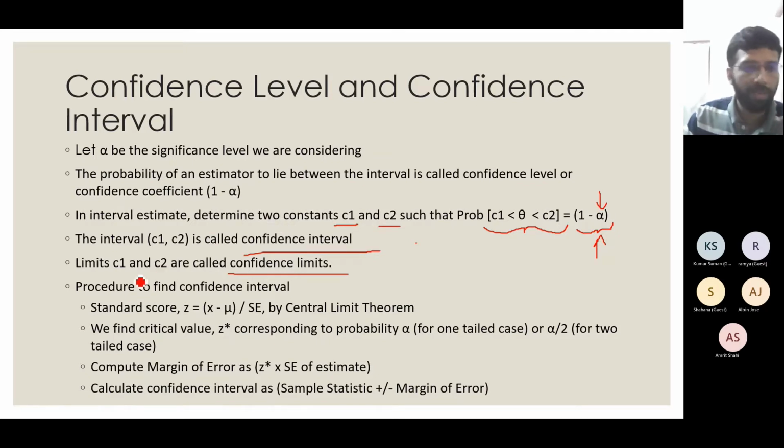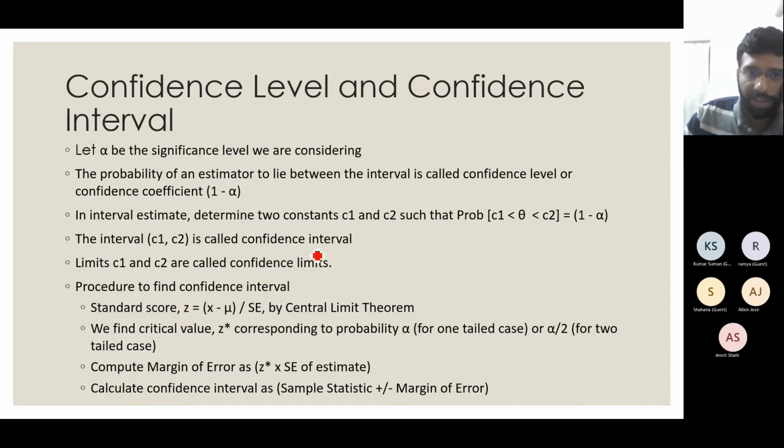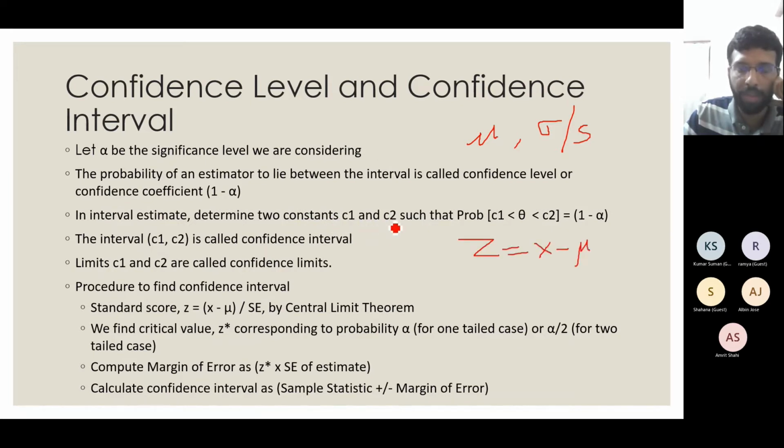Now suppose, given some problem, how can I find the confidence interval? That is what is written here. Given any problem, I will be given some mu and either sigma or s. From that I first have to find the Z score, Z equal to (x minus mu) by sigma, to approximate it to the standard normal table, so that I can find the values easily.